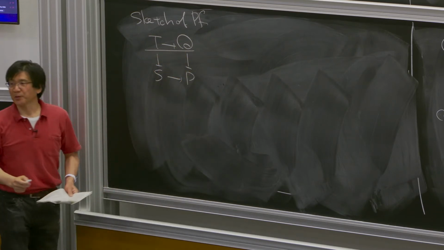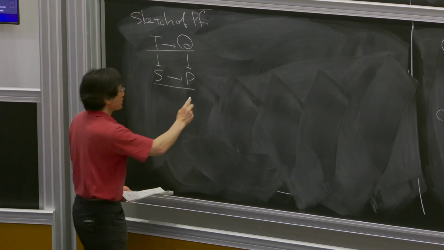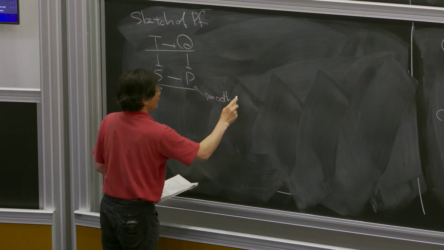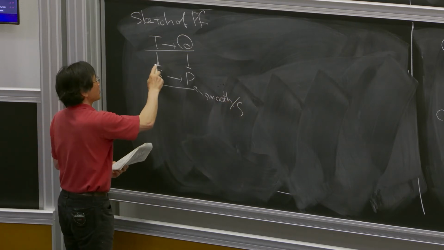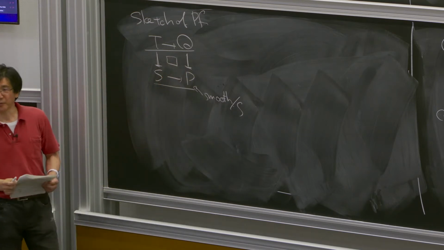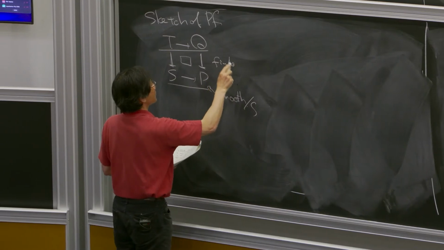So this is as before, and this is similar. We just take a smooth scheme over S, and we take an immersion, and we have a Cartesian diagram, and we may assume that this is finite flat.